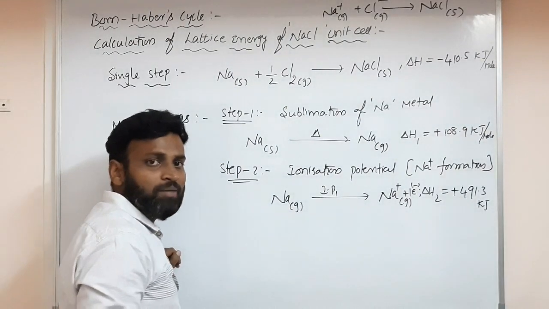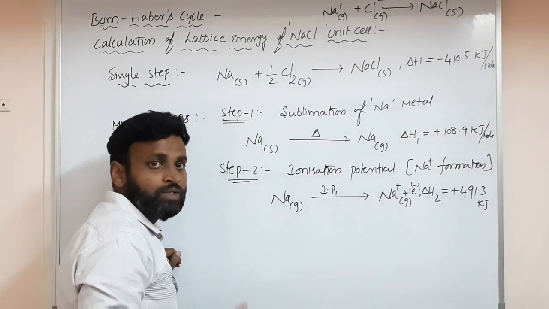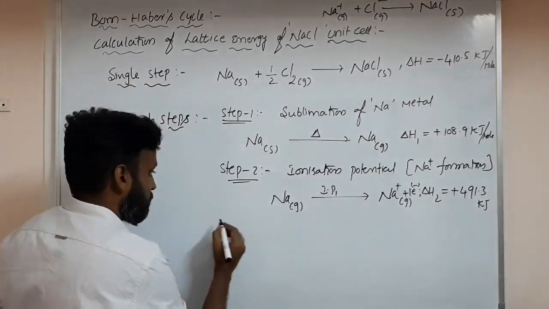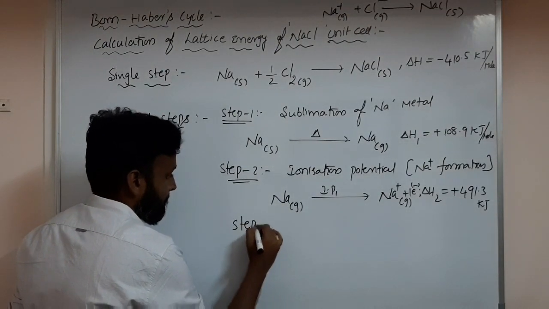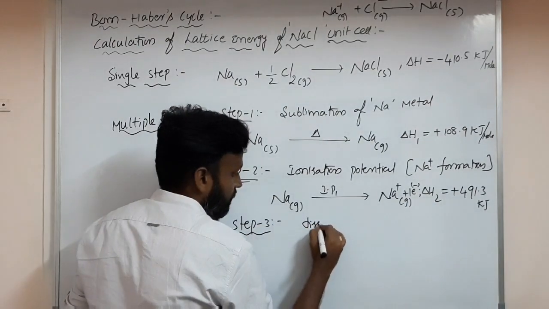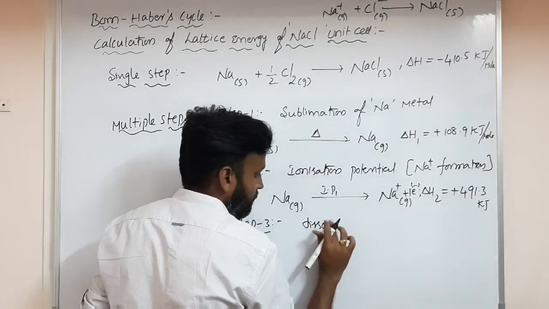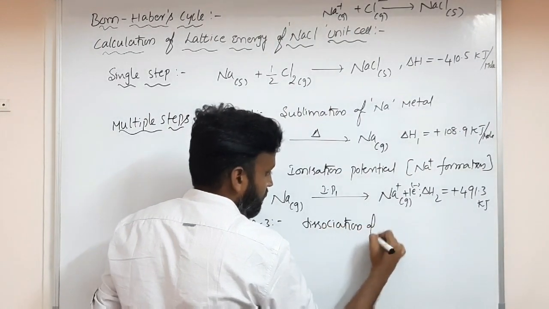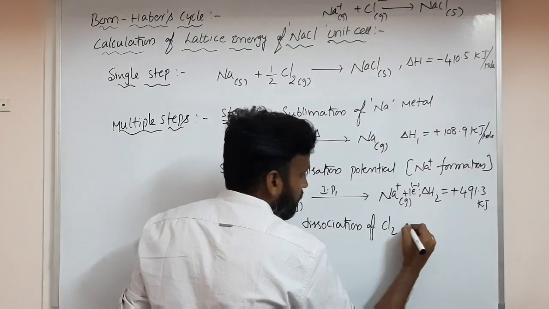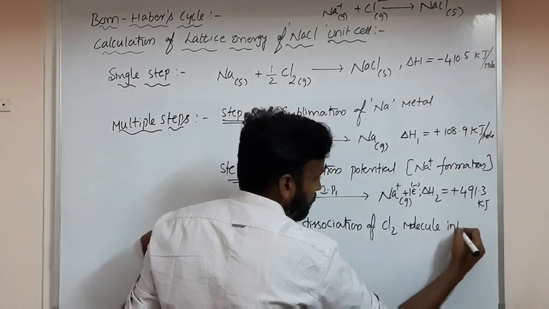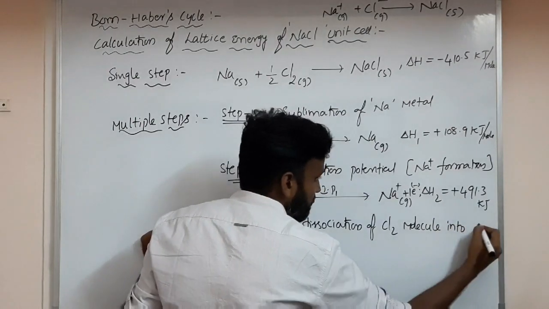So Na plus must combine with whom? Cl minus. So now we have to prepare Cl minus. So step 3. What is step 3 now? Dissociation of Cl2 molecule into chlorine atoms.